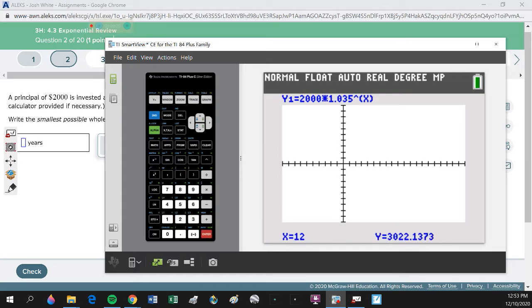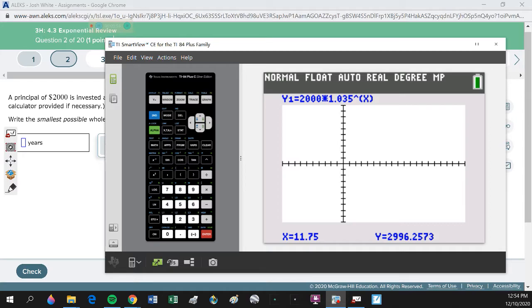12's too big. So let's do 11.5. 11.6, 11.7, 11.8. Anybody else sick of this? 8's too much. 11.75. Horrible.